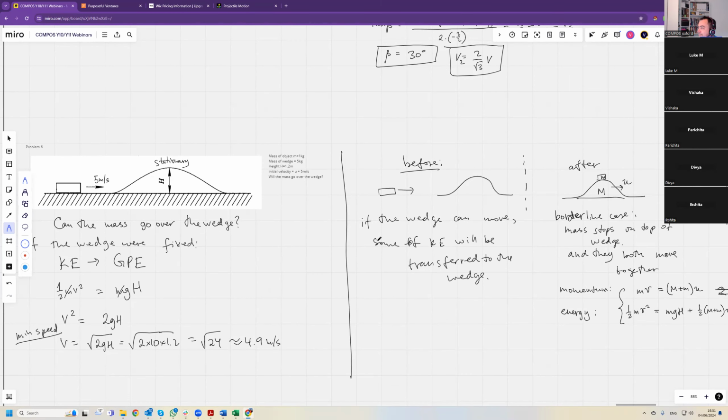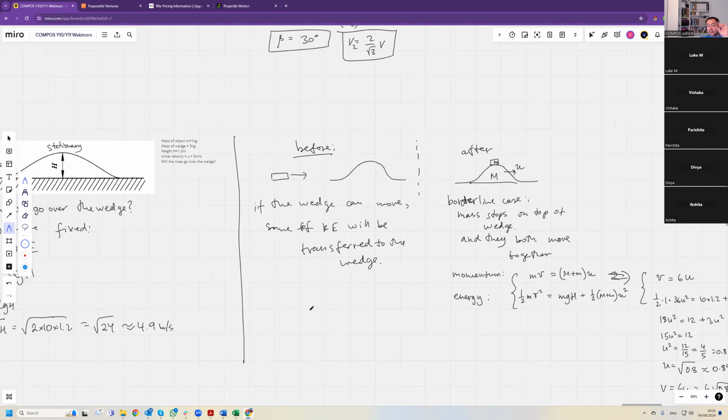And if it did go over, then the wedge would stop, and then the puck would carry on moving.